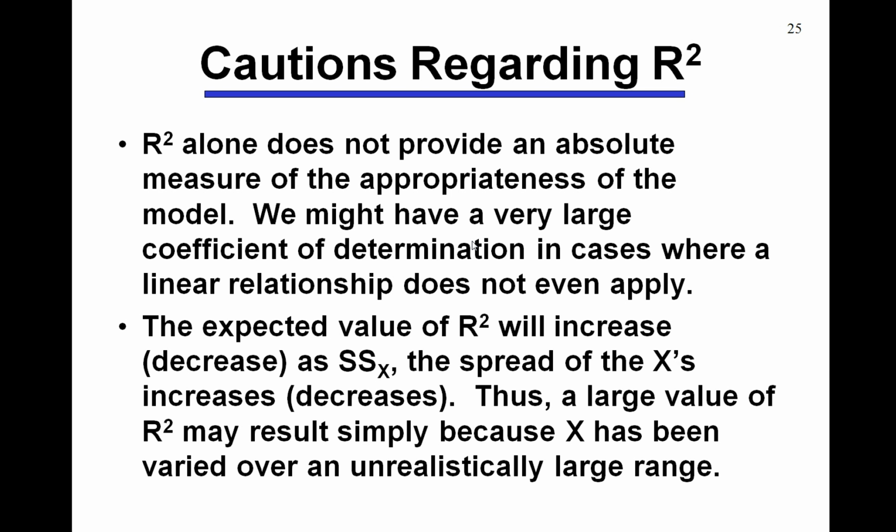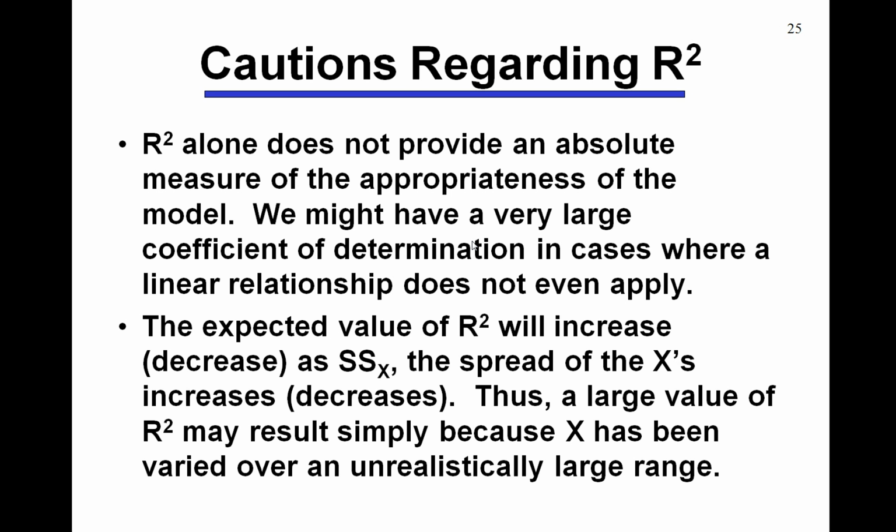R squared alone does not provide an absolute measure of the appropriateness of a model. Look, we can have a high value of R squared, 0.9, but if we still have a lot of error, suppose we had 1,000,000 units of error and we explain 900,000 units, well, that still leaves 100,000 units of error unexplained, and that could be problematic.